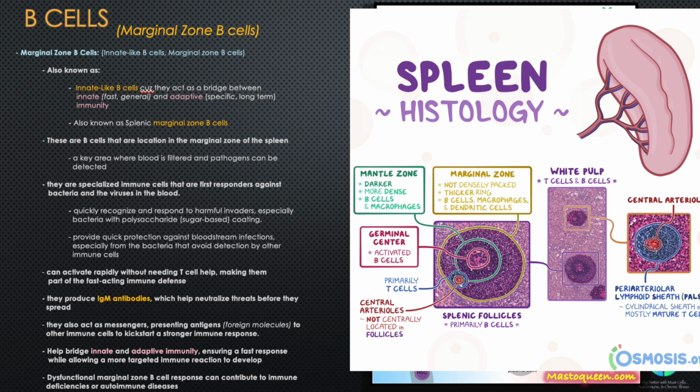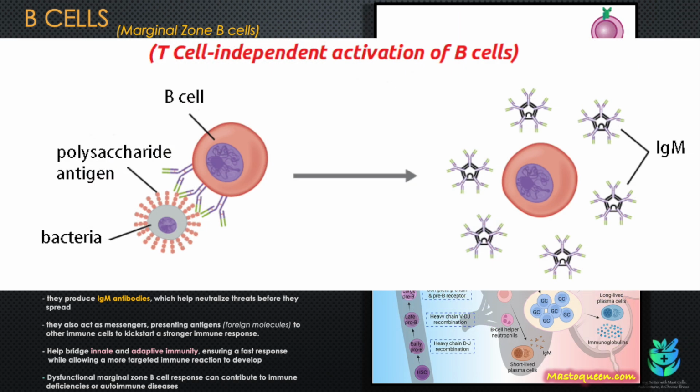They quickly recognize and respond to harmful invaders, especially bacteria with a polysaccharide or sugar-based coating. They provide quick protection against bloodstream infections, especially from the bacteria that avoid detection by other immune cells. They can activate rapidly without needing T cell help, making them part of the fast-acting immune defense. They produce IgM antibodies, which help neutralize threats before they spread.